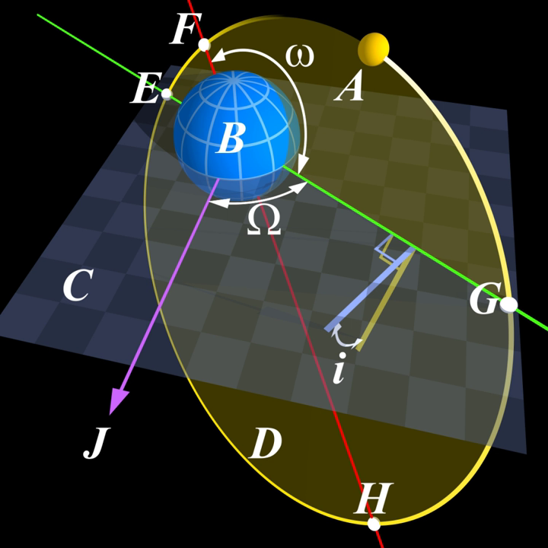According to Kepler's third law, α has the same value for all the planets.